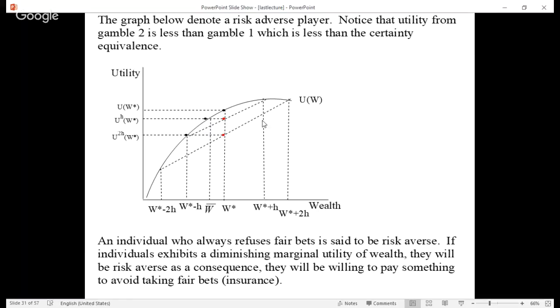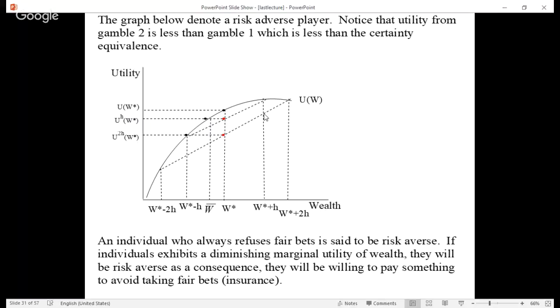And of course, this other one, I didn't do it because I didn't do how much he'd be willing to pay to avoid the gamble. But it's essentially W star minus H, which just happens to be where that dot is, just because I was running out of room on the graph. It doesn't necessarily have to be there, but it would be that same amount or very close to it, and that's how much you'd be willing to pay to avoid taking the second gamble.